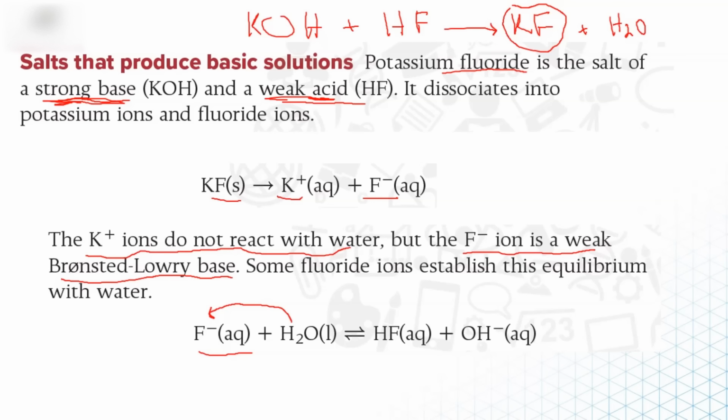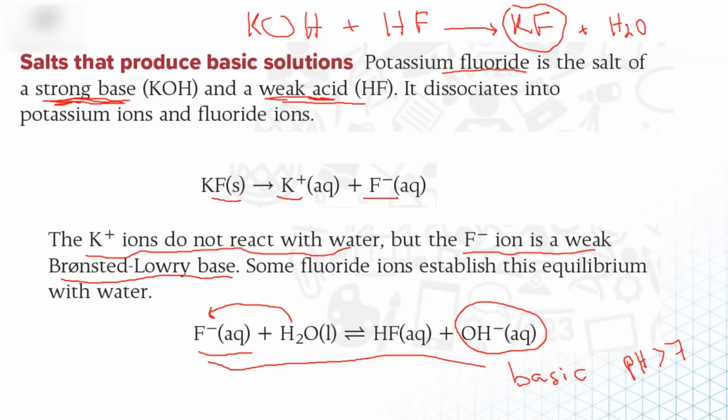And look what is produced in the products. It's OH minus. So because we have OH minus, the solution will be basic. So the pH is going to be greater than 7. That's why in the image we saw before, we found out that the solution of KF is basic because of the salt hydrolysis.